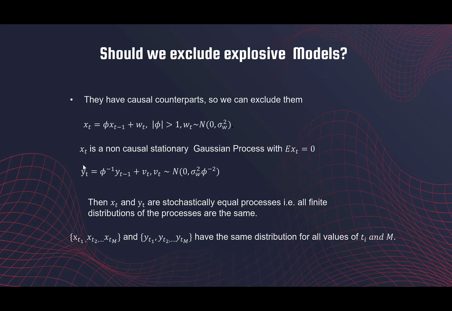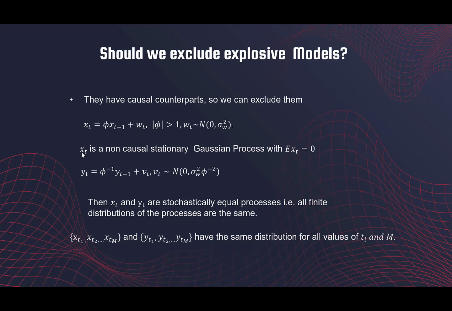So even though x is explosive, for each such explosive x, we have this causal y. So this fits into the framework of things we have been studying so far. For each x, we have a y such that the two are stochastically equal.